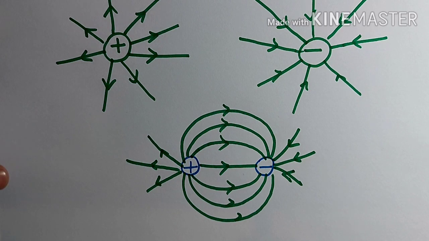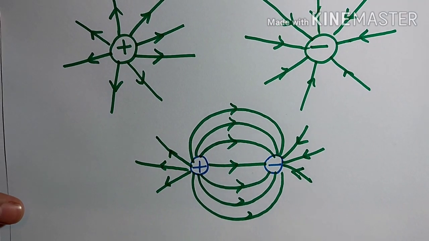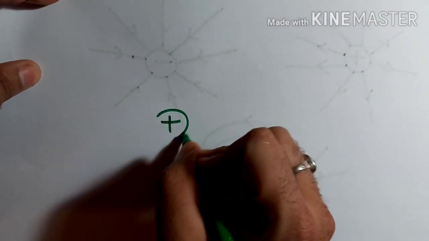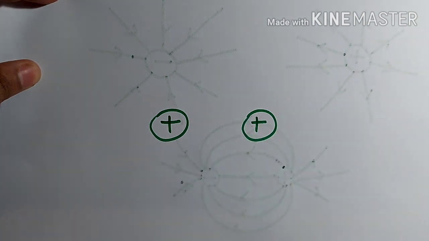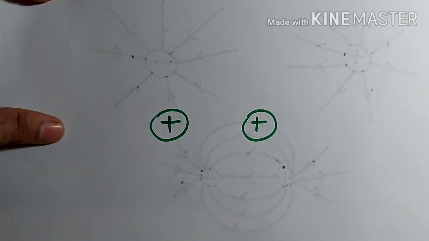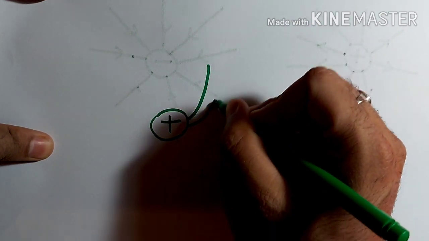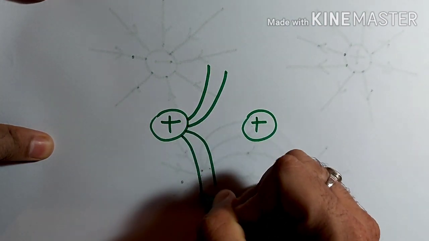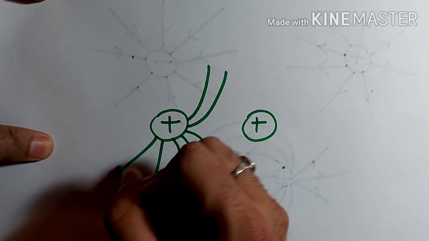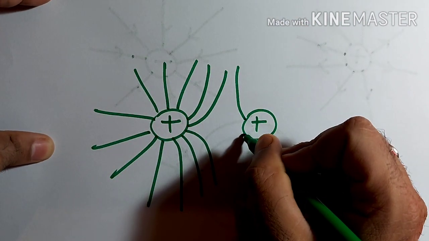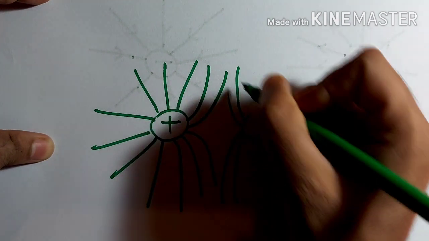And if you have two similar charges, say a positive and a positive charge kept like this, in that case the field lines are drawn in this particular manner.